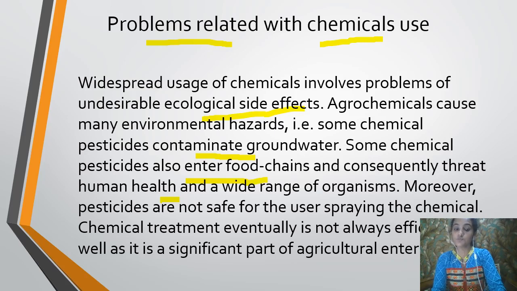And if we are spraying these pesticides, what will happen? These chemicals will enter the water bodies, and whatever animals are in the aquatic bodies will also get affected. So totally we can say that it will upset our ecological balance because it is all connected.